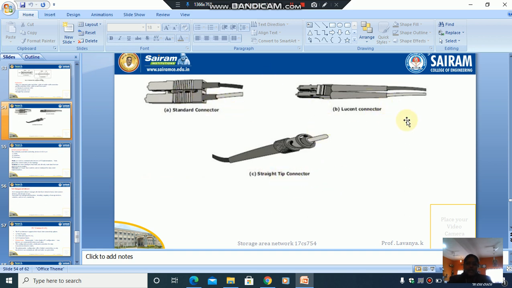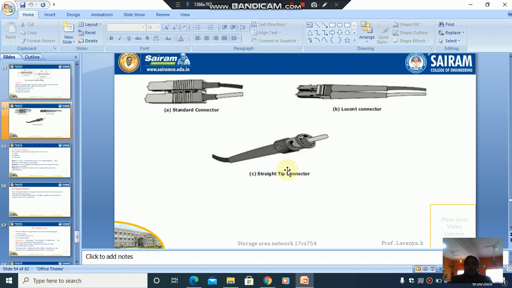The standard connector and the Lucent connector are both similar, the same for the most part, but the data transmission speed is different. But the straight tip connector is a different type of connector, which we are not using for our fiber optic cables or Fibre Channel cables.